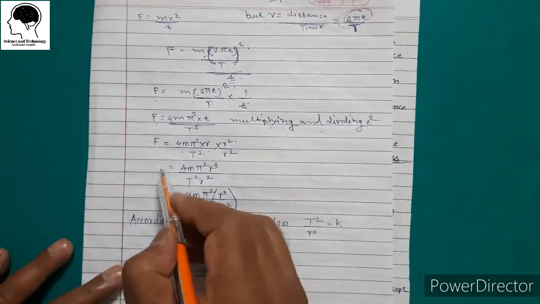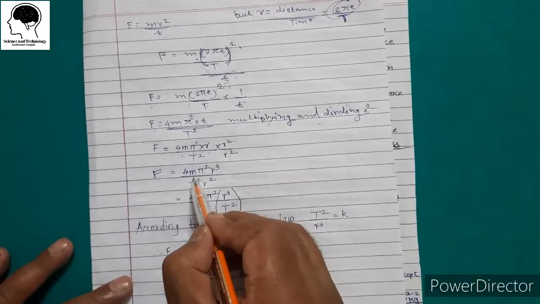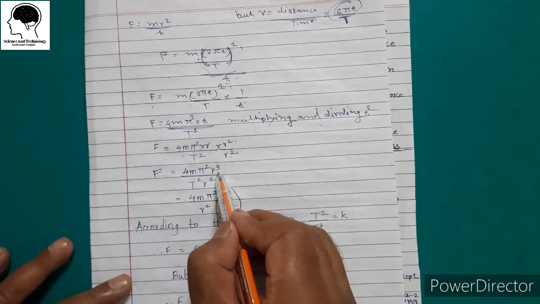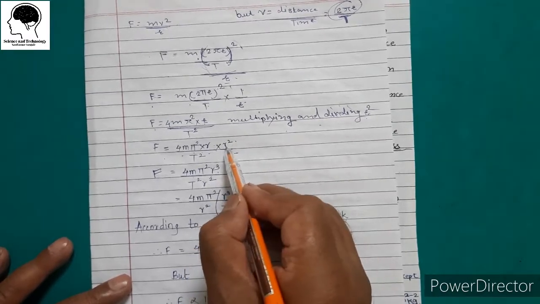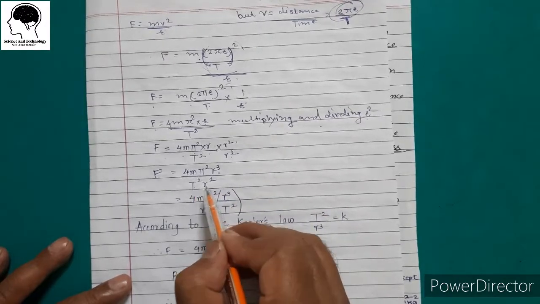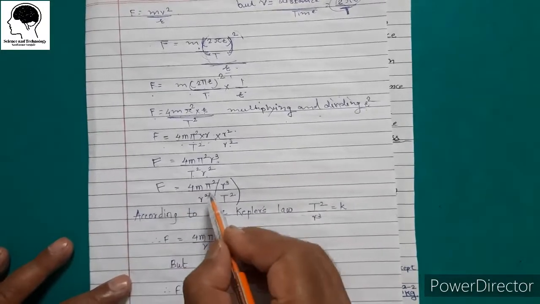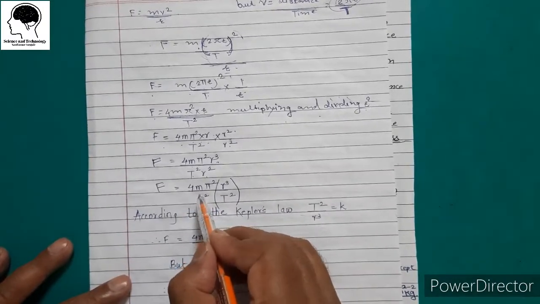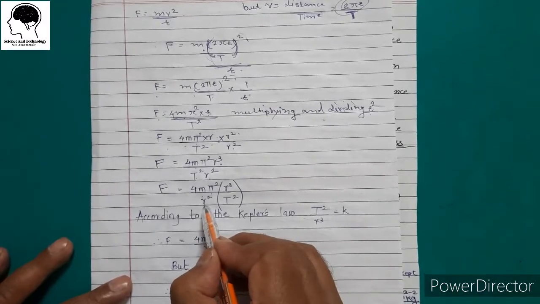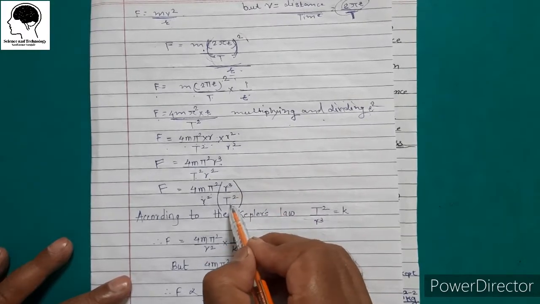Then F is equal to 4m pi square, r square into r, here r cube, upon T square into r square. Then F is equal to 4m pi square upon r square, into r cube upon T square.